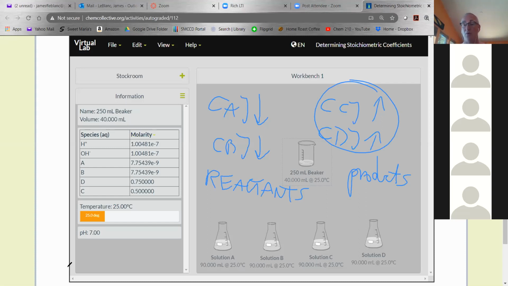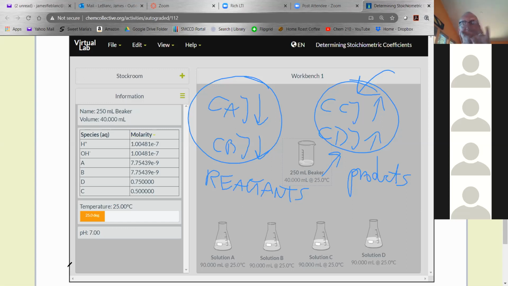What I don't know is what the actual ratio of A and B I need precisely, and do I need the presence of C and D there for the reaction to proceed? It could be that they make C and then C is a catalyst for the production of D, or I might need it there at the beginning. I don't know. So what I'll do is change things around.